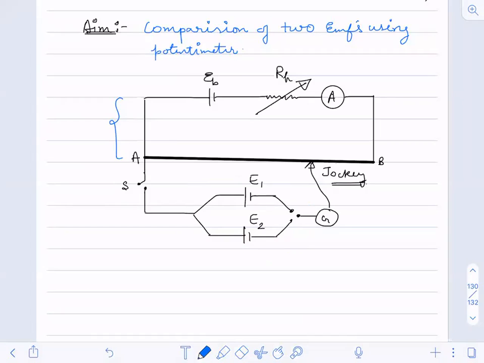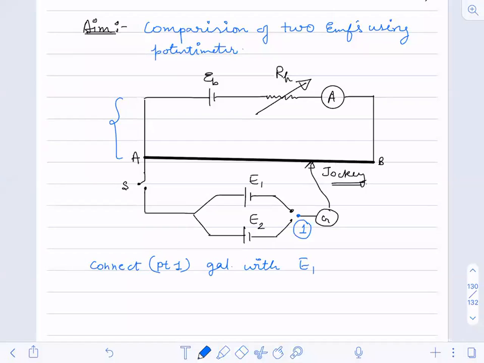Now let us start the experiment. Suppose this is point 1. I'm assuming that point to be point 1. First, connect point 1 to the galvanometer, and connect the galvanometer with E1.